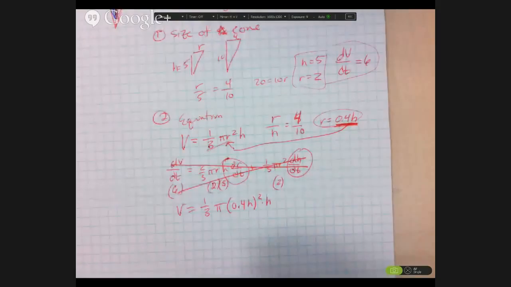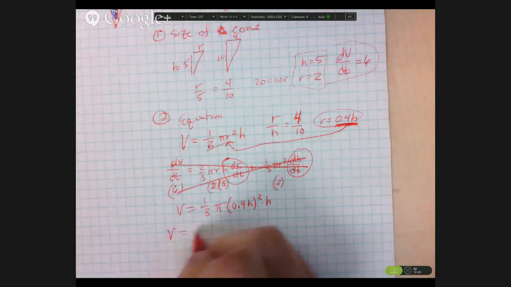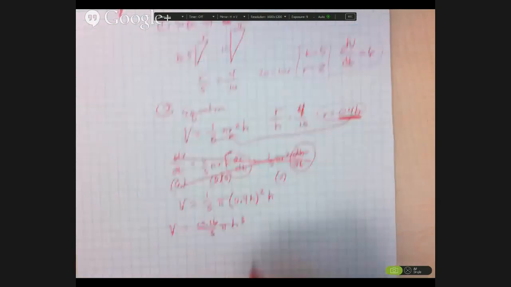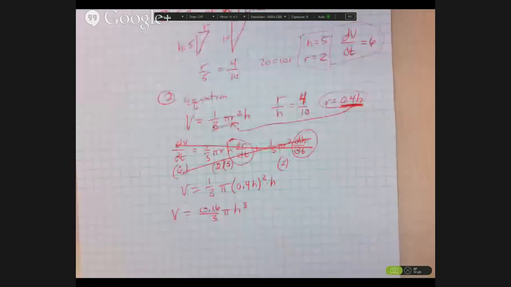When do we plug in the numbers? After the derivative, because it changes. The R and the H can change, right? So we want to wait. Okay, so there's our equation. Do you have any questions how we generated it?